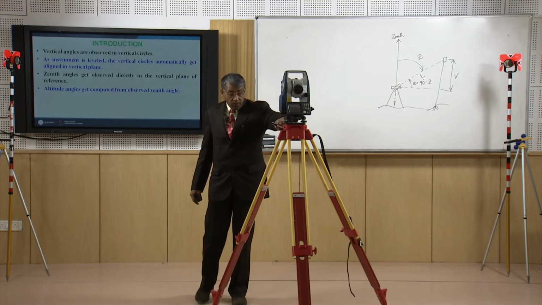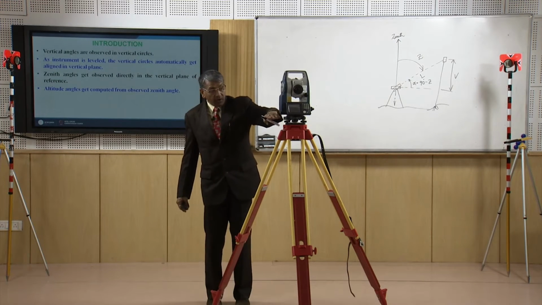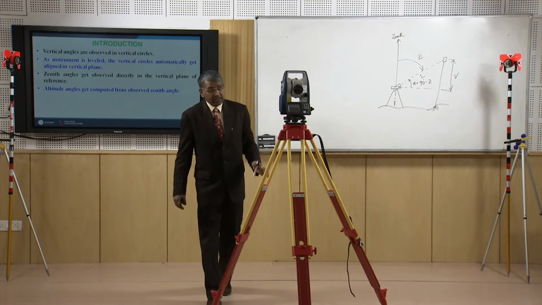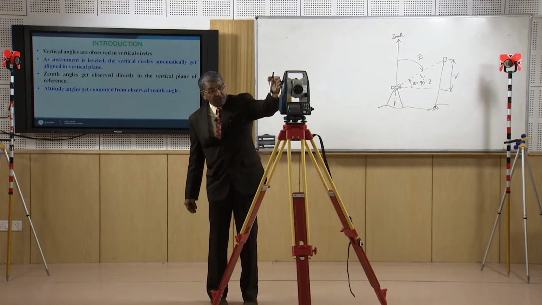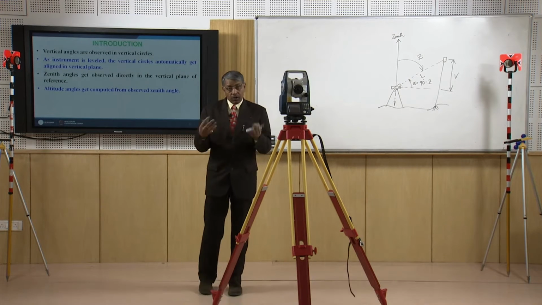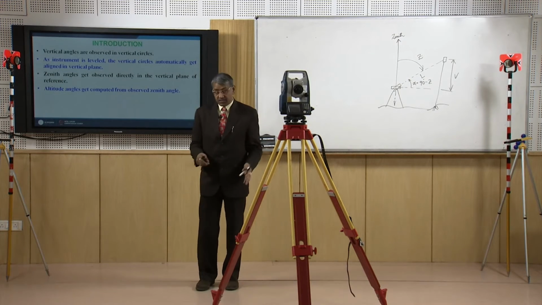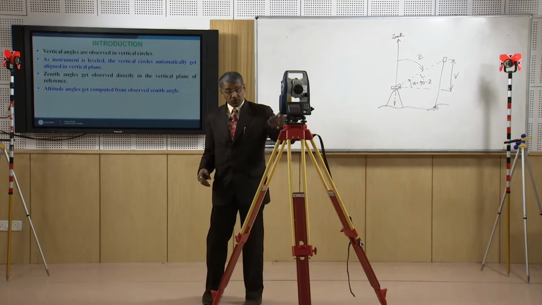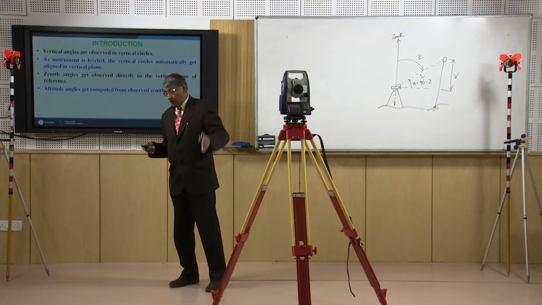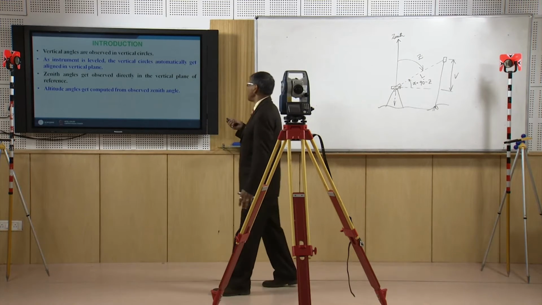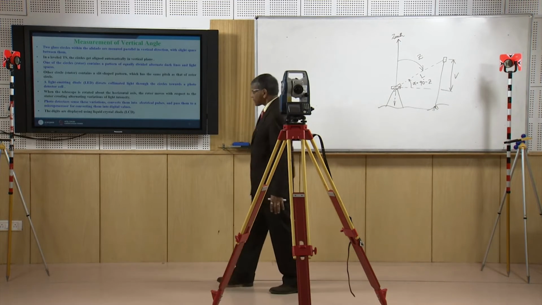When we make the horizontal plate perfectly horizontal, then automatically the vertical plate, which provides us the vertical angle, gets in a vertical plane. This is done automatically, as there is an automatic system inside it, so we get the vertical plate truly vertical.